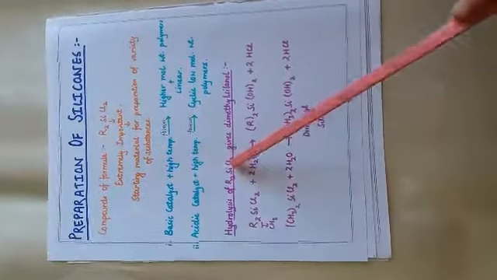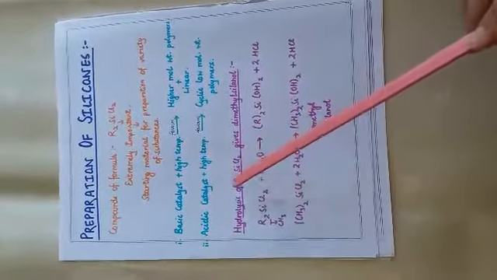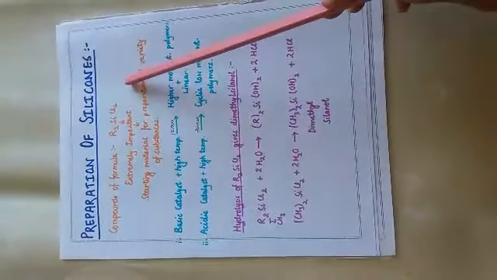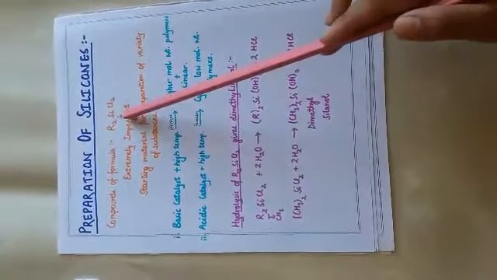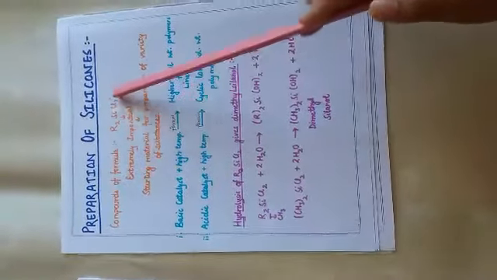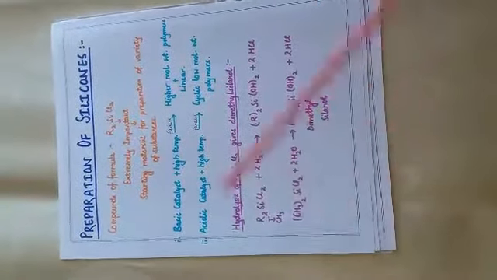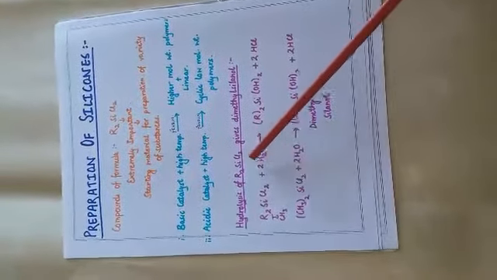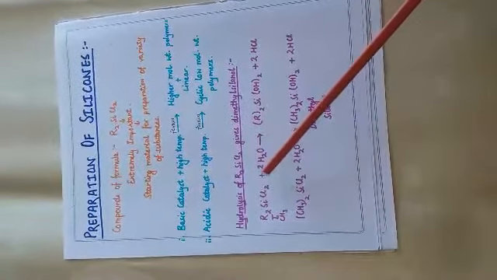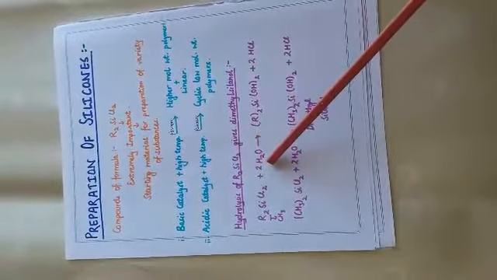Now hydrolysis. Hydrolysis is a very important step because it helps us form the polymers of silicones. In this, we are going to react dichlorodialkylsilane, hydrolyzing it in the presence of water. Hydrolysis is generally a reaction carried out in the presence of water. The water molecule breaks down into H positive and OH negative ions.